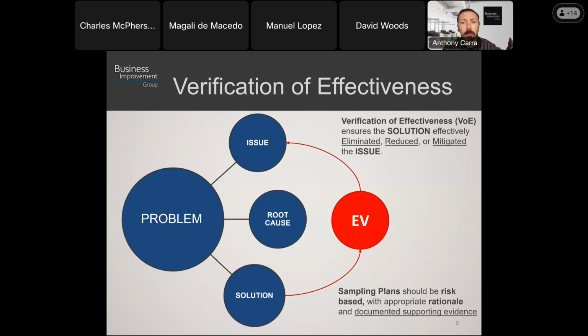And the sampling plan that we use in that EV should be risk-based. So very often we want to understand what is the risk of this problem happening again, put together an appropriate sampling plan and duration, looking at the appropriate data, and then documenting that protocol, documenting that approach with rationale, and providing documented supporting evidence, both of the plan as well as the results once performed.